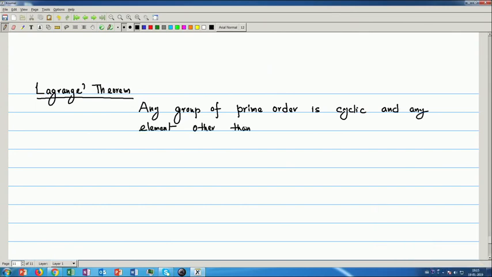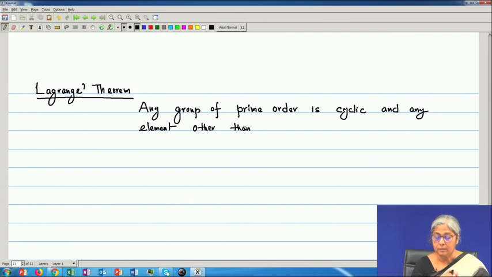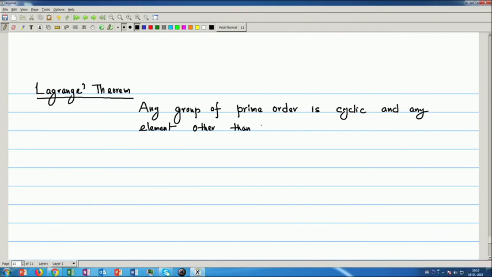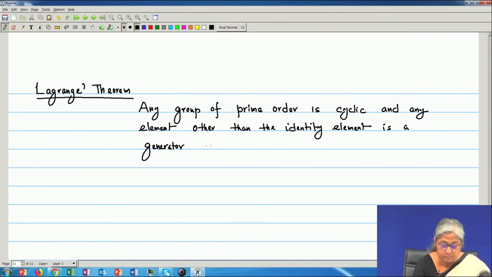So, it tells about the order, and any group of prime order is cyclic, and any element other than the identity element is a generator of that group.